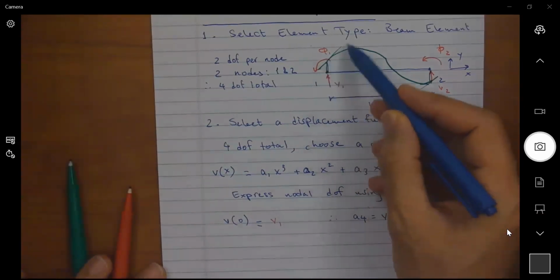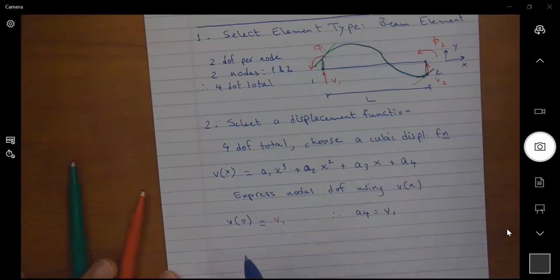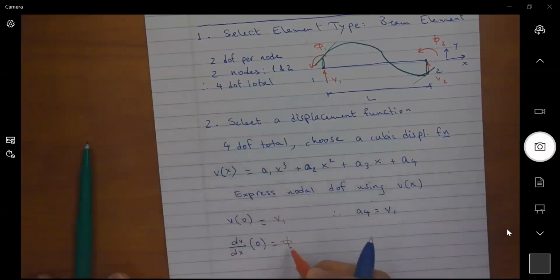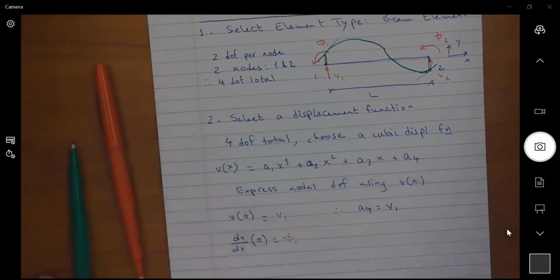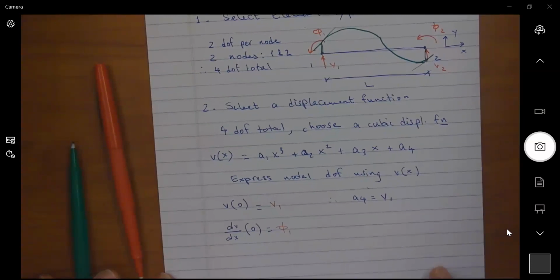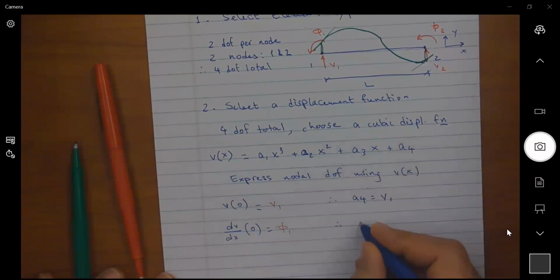Next, if I look at Phi1, I can describe that as dv by dx at x equals 0 is equal to Phi1. If I take the derivative and substitute for x equals 0, I can easily show that A3 is equal to Phi1.